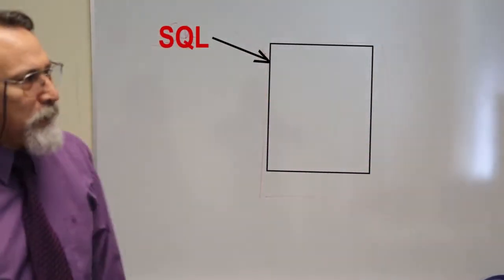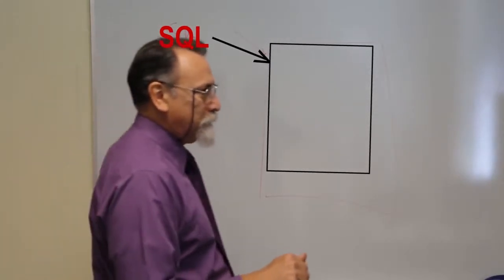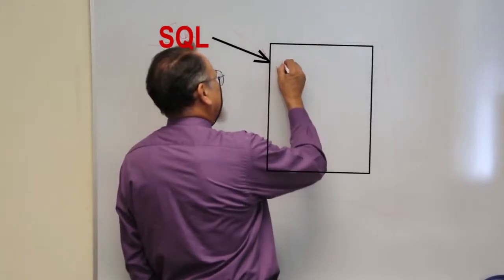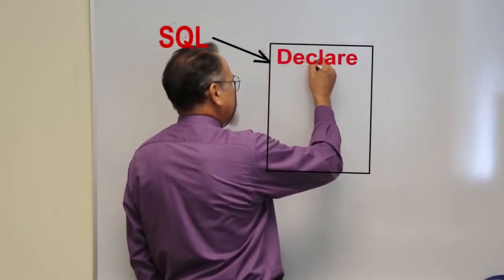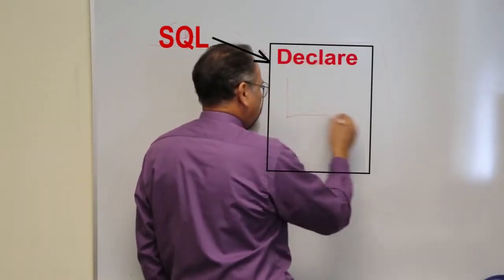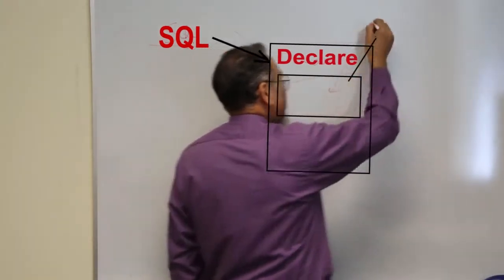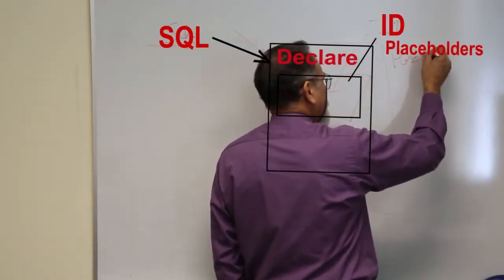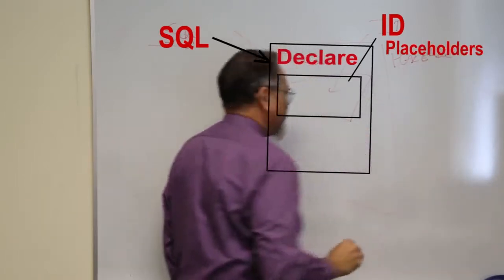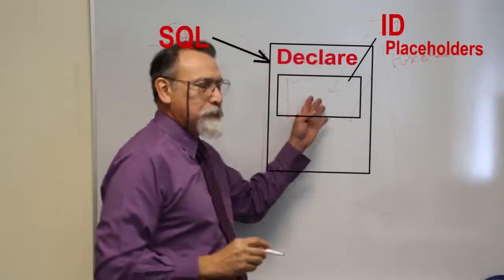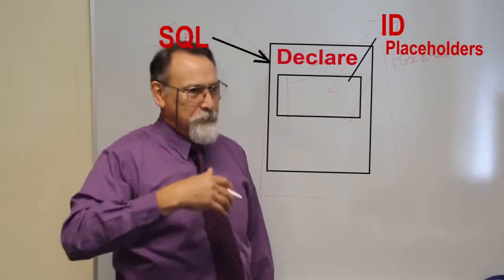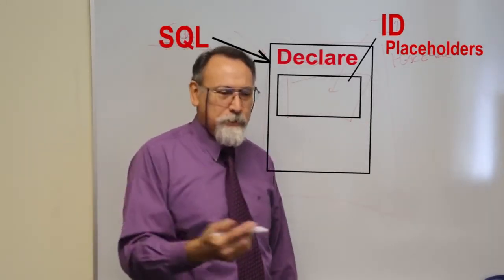Now the reason the block is the most vital item is because what the block does is it has what they call a declare. Now this is where you will identify all the placeholders you're going to use. Okay? So this is going to store the placeholders that are going to be used.